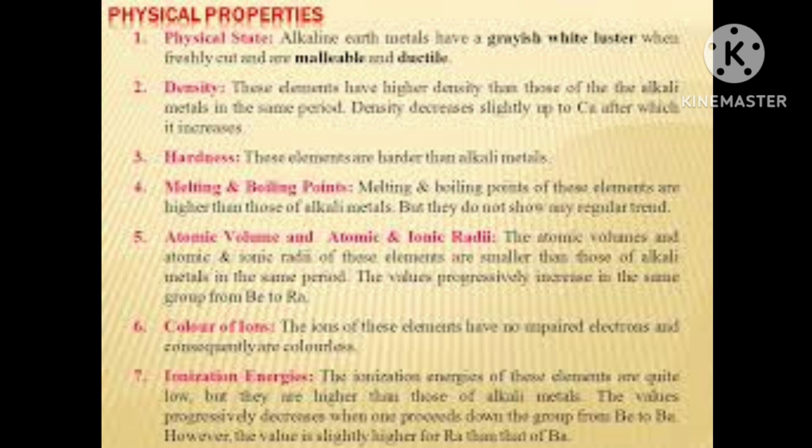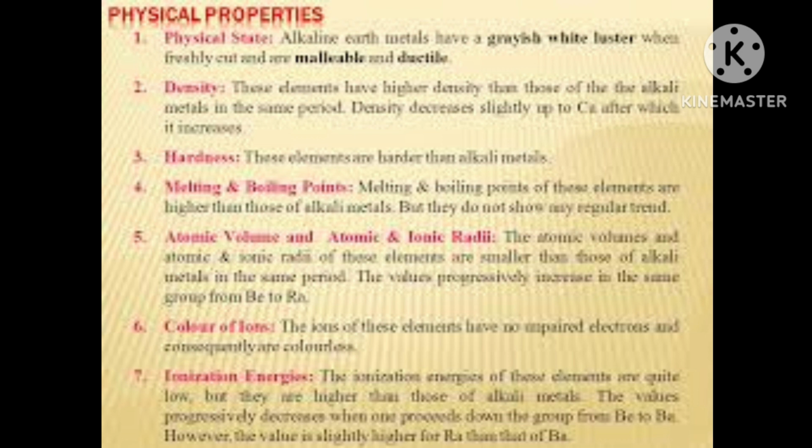Beryllium is 2 ppm, 2 parts per million. Means in 1 million, you will get 2 parts. 2 ppm, very less.